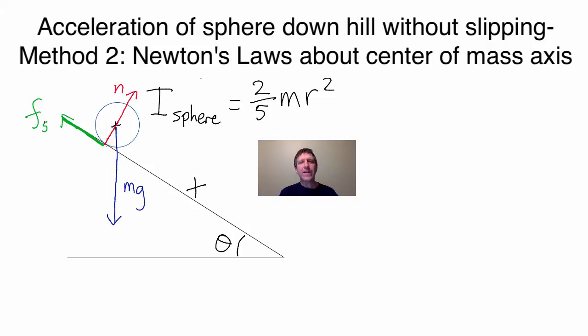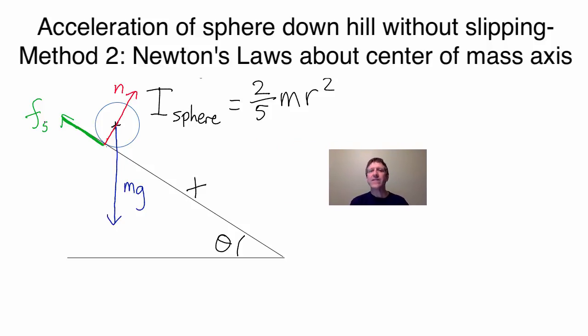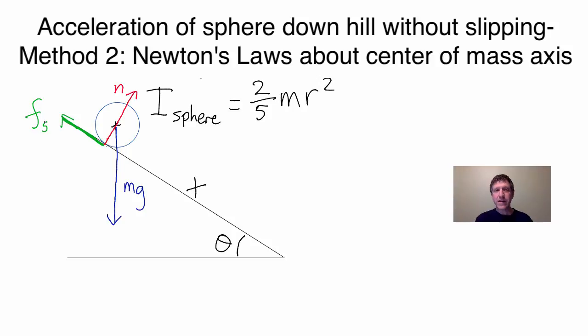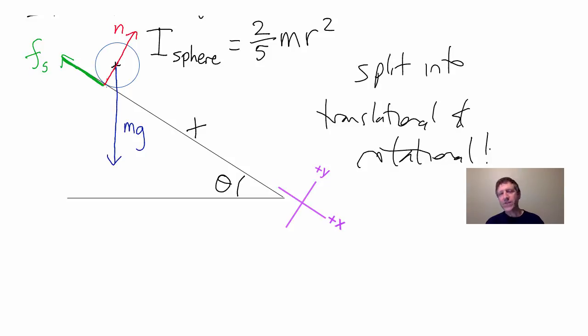So now what I've got to do is analyze this in terms of Newton's laws, both translationally and rotationally. We could split into X, Y, and rotational. For this, I'm going to save some time: it is true that in the Y direction, the normal force will be equal to mg cosine theta. We've done that many, many times. It's just a ramp, an inclined plane, nothing special about it.